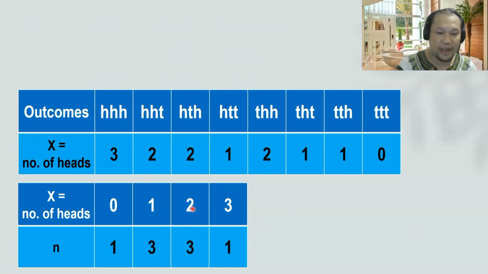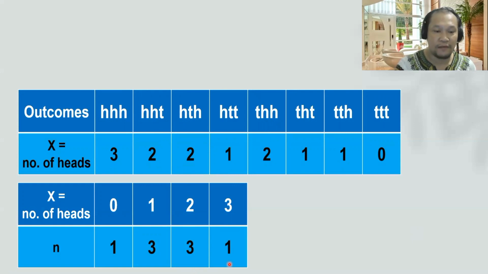Now, for the number of heads equal to 2, we have head, head, tail; head, tail, head; and tail, head, head, which is also 3. And for 3 heads, we have head, head, head, which is equal to 1. Therefore, the number of outcomes is 8.